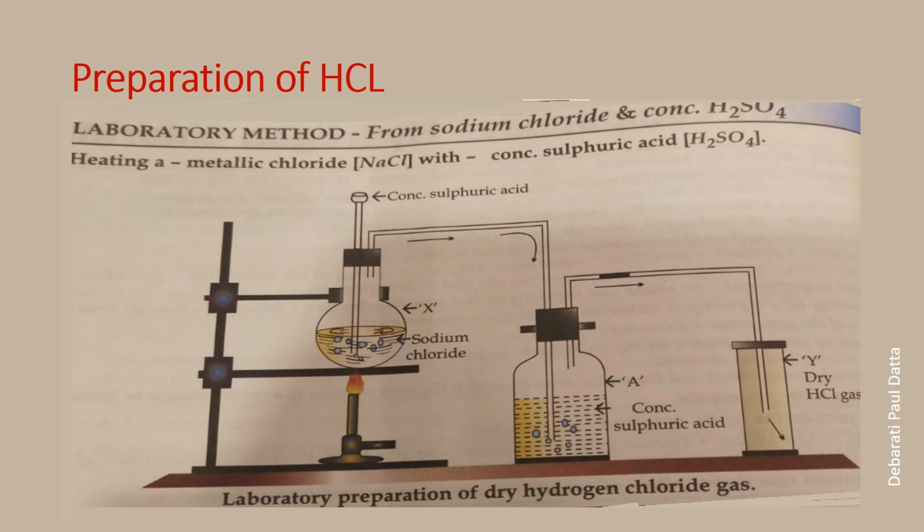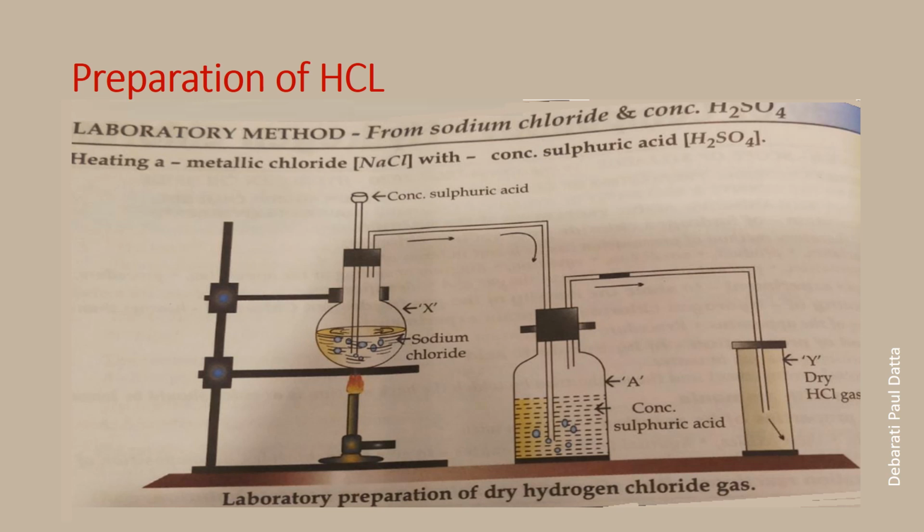But temperatures above 200 degrees centigrade are not used because it's a wastage of fuel and the glass apparatus may break because of the high temperature. Also, sodium sulfate forms a hard crust and sticks to the glass, which is very difficult to remove. So, for these reasons we do not use the second method for the preparation of hydrogen chloride gas.